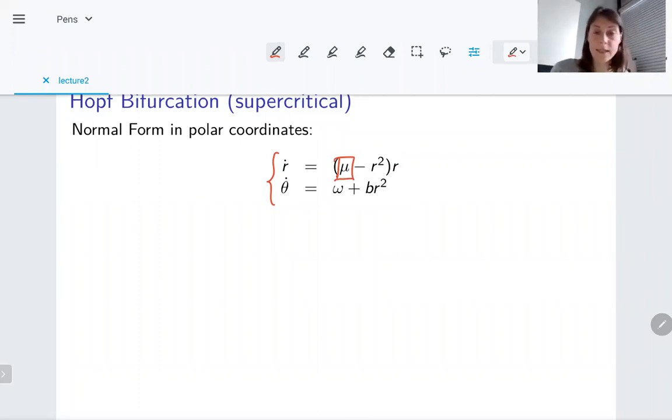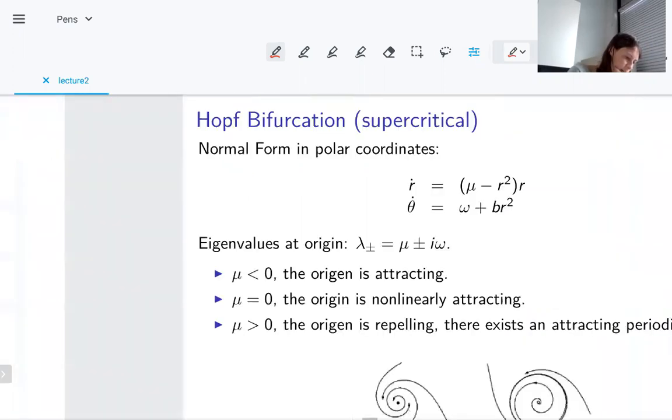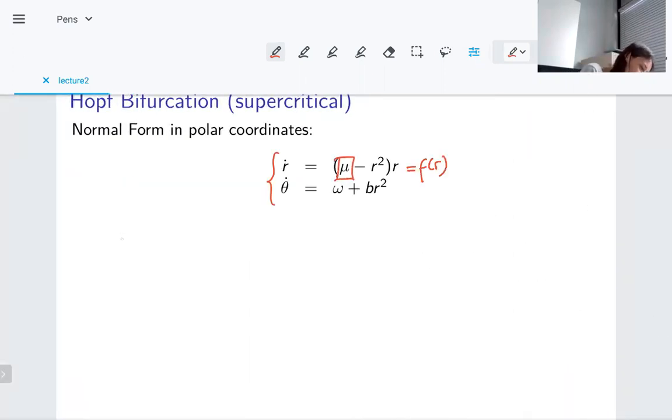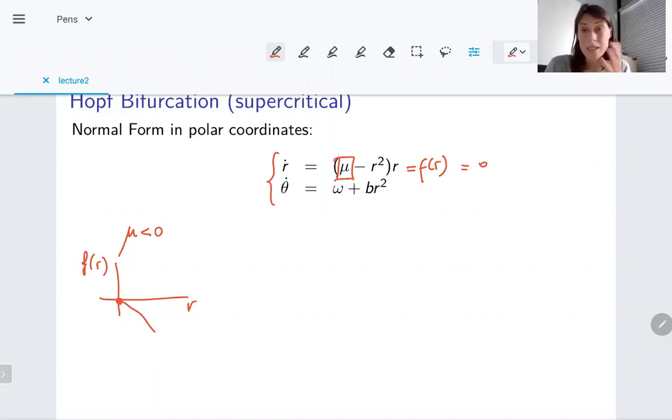And what you can see by looking at this function of R is that if mu is negative, and this is R and this is f of R, this function f of R looks like this. So this is equal to 0, and it intersects the x-axis only at one point, which is the origin and which is the equilibrium.